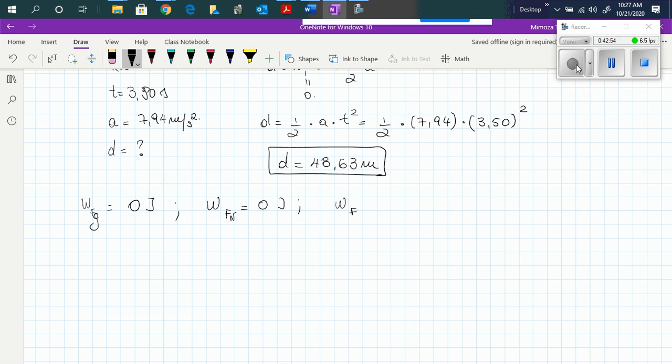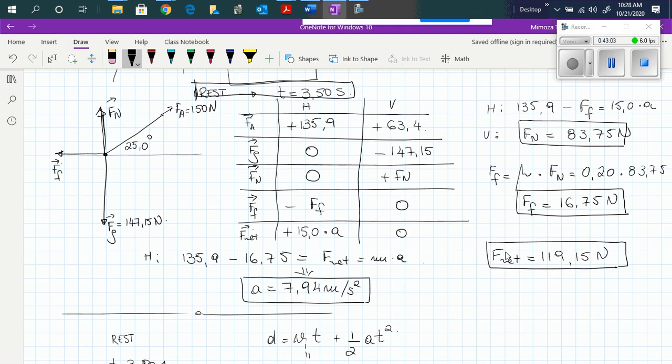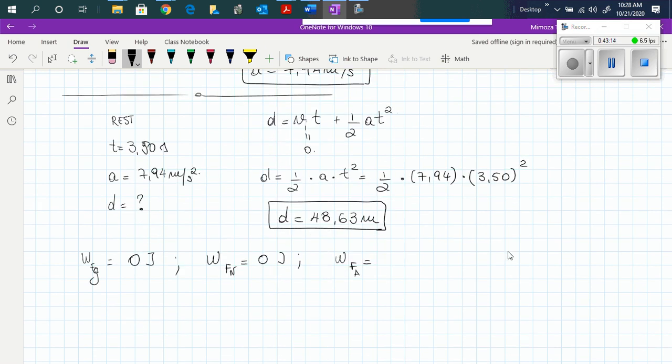The work done by force applied will be the component of force applied along the displacement, which the table is telling us, positive 135.9, times the displacement that we just found, positive 48.63.